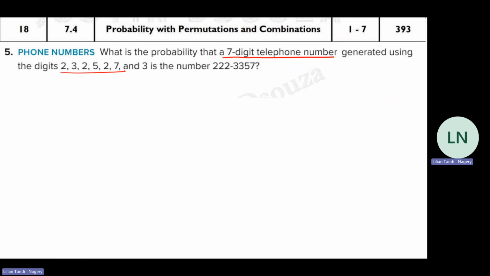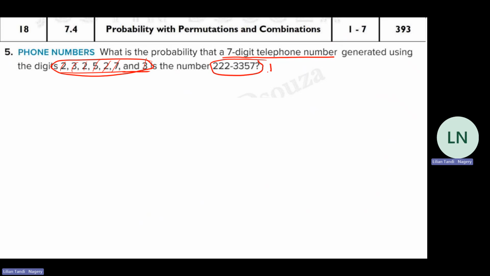So all these numbers here, 1, 2, 3, 4, 5, 6, 7. They're saying you have these digits and you want to make this number. This number is only one of it. Once you've made it, that's it. You cannot make it again. So there is only one of it.